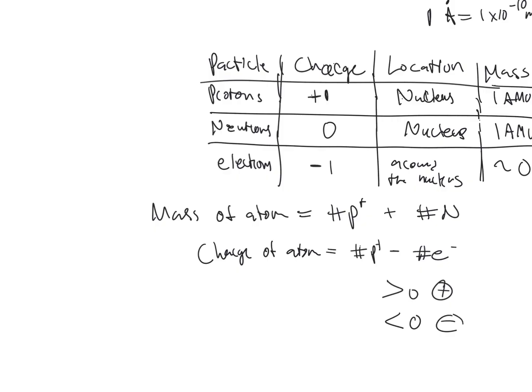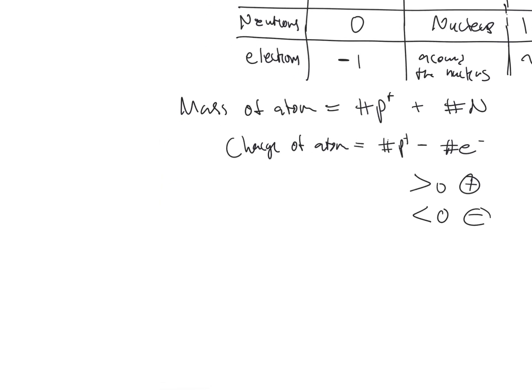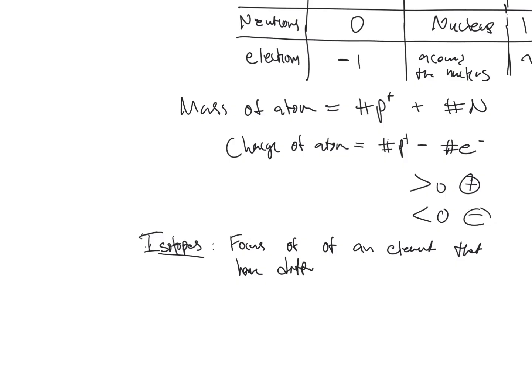Now, elements also have what are known as isotopes. And so isotopes are forms of an element that have different masses.